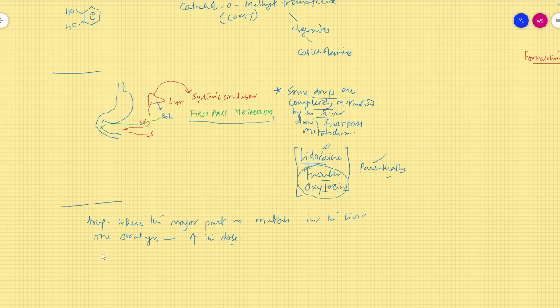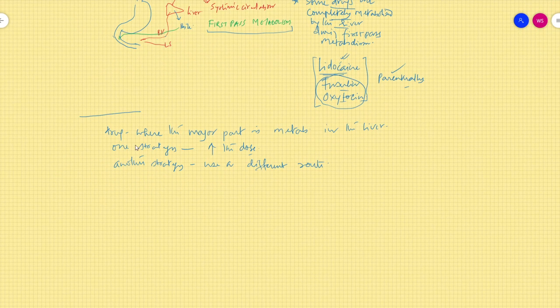Another strategy is to use a different route, where the initial problem is reduced. So that is what is being done. Now we understand the logic behind why it's done.